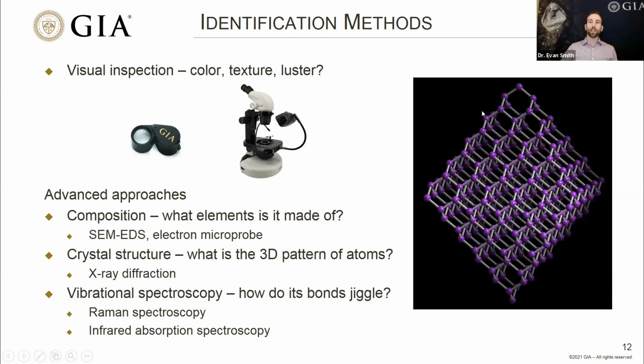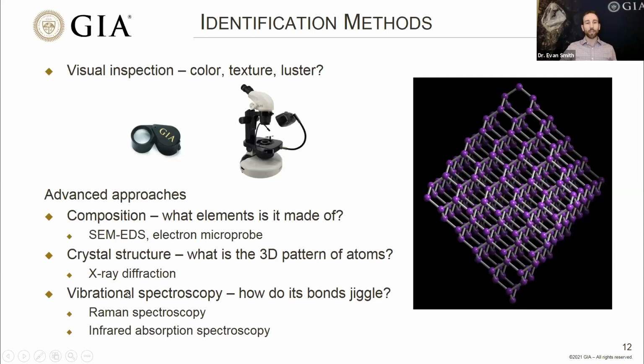So not just what these atoms are, but how they're arranged. What is the 3D pattern of atoms? Because minerals always have some kind of a 3D regular structure to them, and that structure can help us identify what mineral it is. The big tool people use to do this is X-ray diffraction.